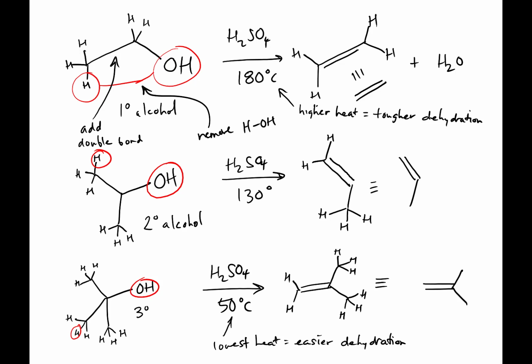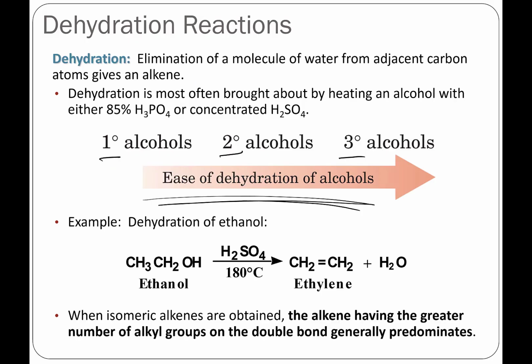Now, there was one other thing that we really need to explore a little bit here, and that's that last statement. Sometimes, and I'll give you at least one good example of this, it's possible for multiple different constitutional isomers of a particular alkene to form. That's what we mean by isomeric alkenes here.